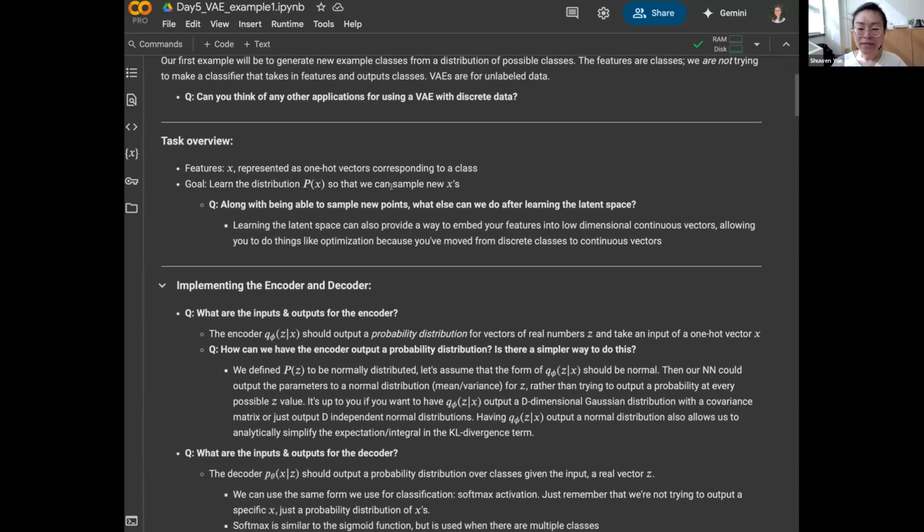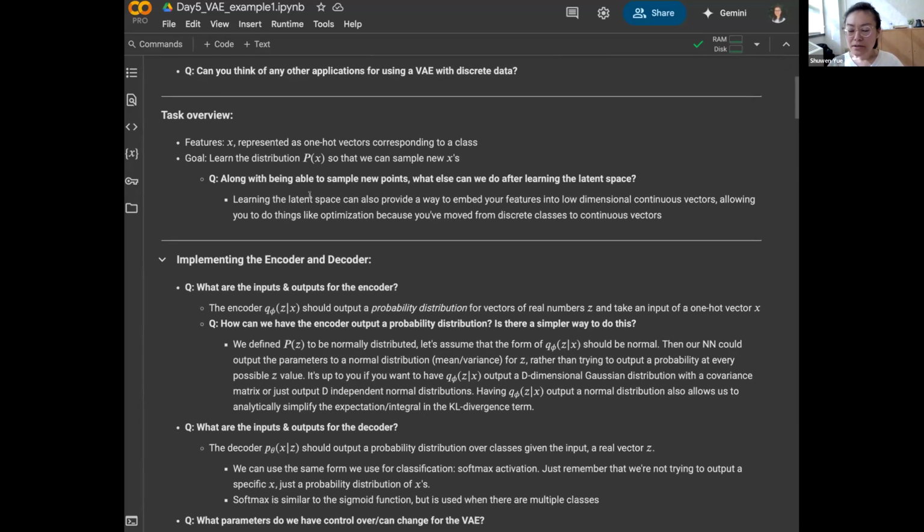So in this case, we have a feature X that, again, is a one-hot encoding. And we basically want to learn the distribution from this data set such that we can generate new data points that are also one of these 32 categories. In addition to being able to generate new points, you can also learn a lot just from the latent space.